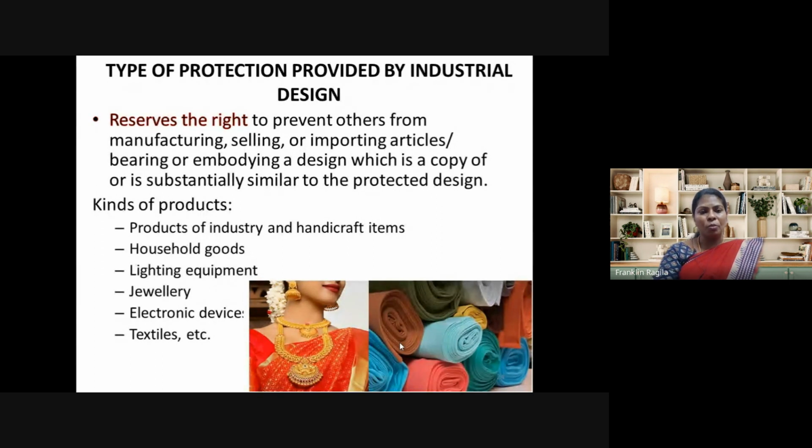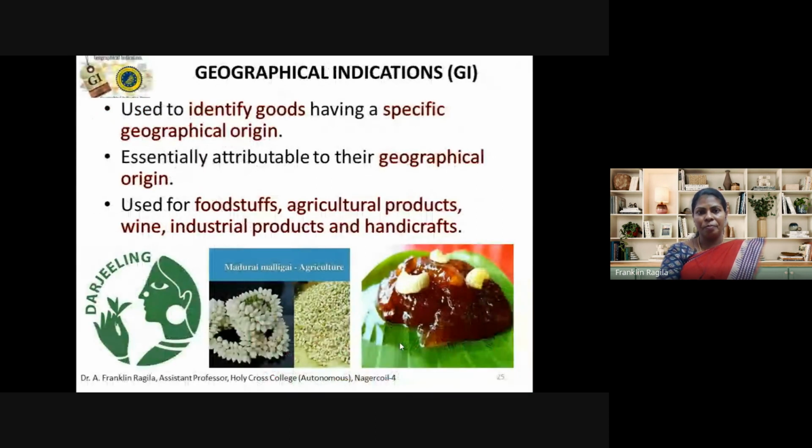And what kind of products can be protected under industrial design? The products of industry and handicraft items, household goods, lighting equipment, jewelry, electronic devices, textiles, etc.